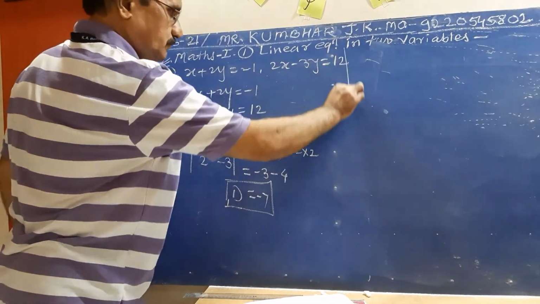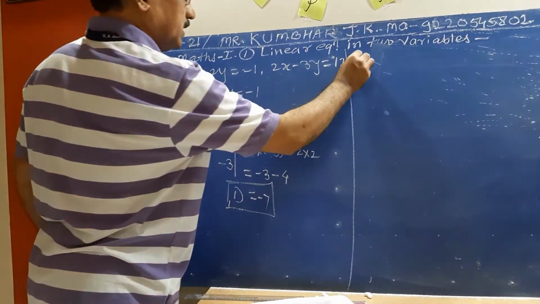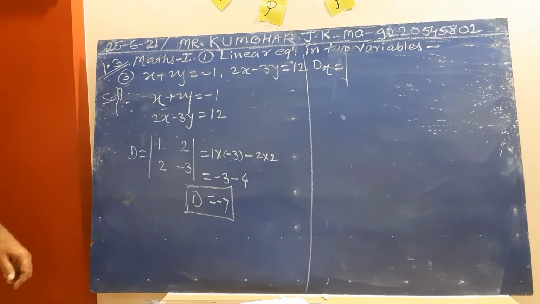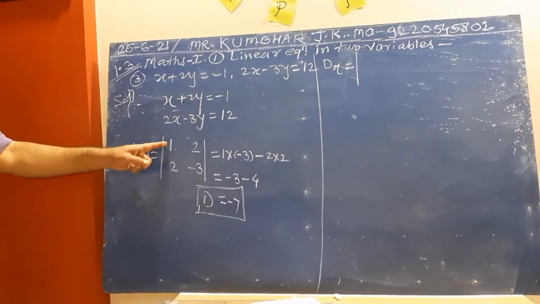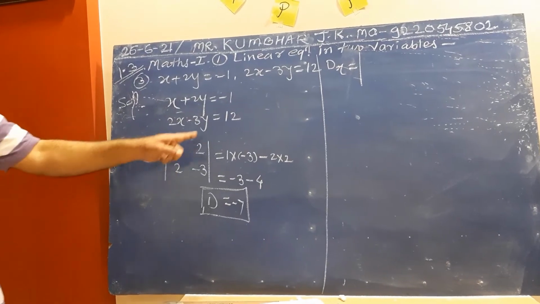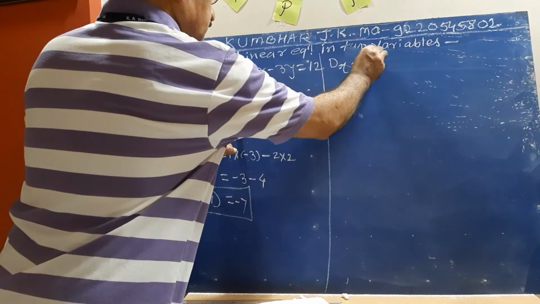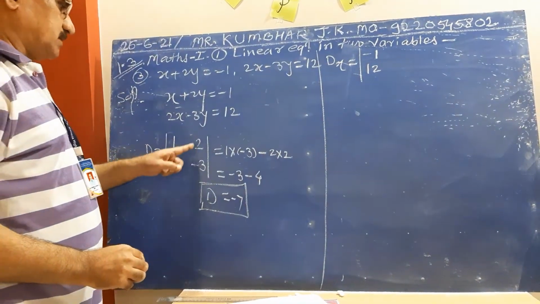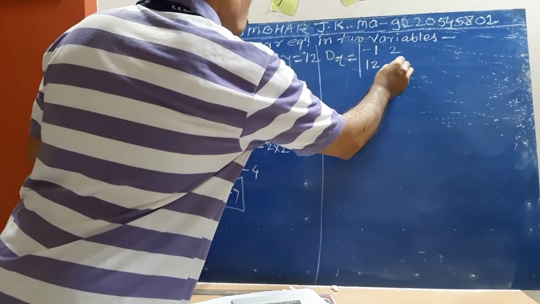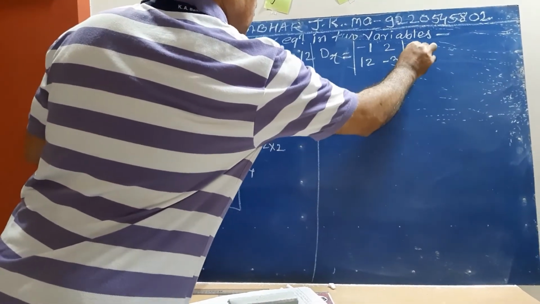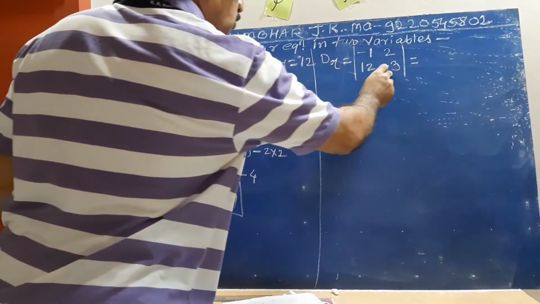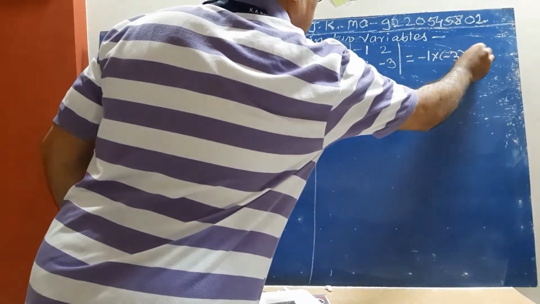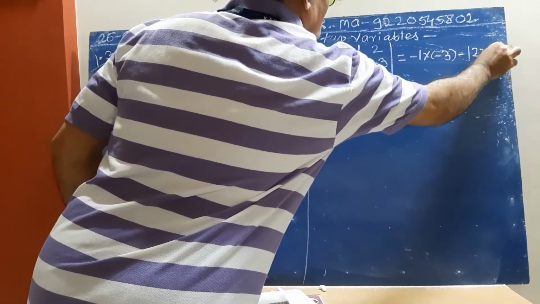Now dx. For dx, these two players are taking rest. Except these two, we write the reserve players minus 1 and 12, and these two players are as they are, 2, minus 3. That is minus 1 into minus 3 minus 12 into 2.